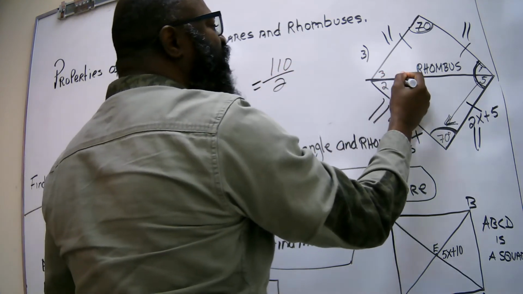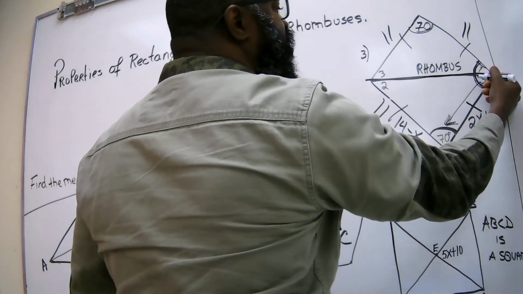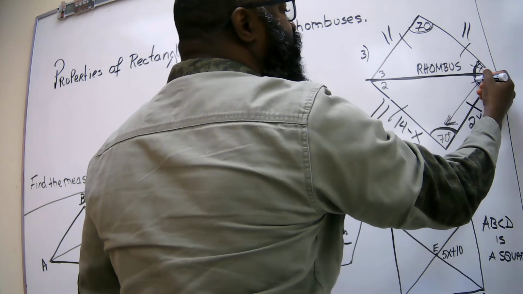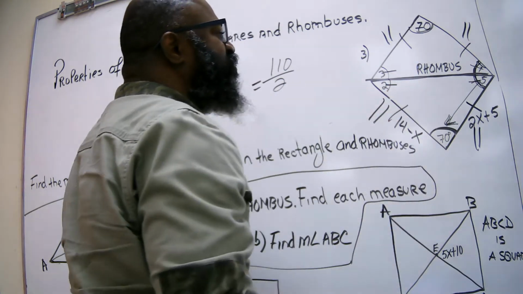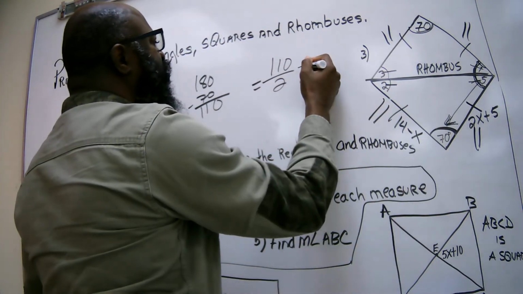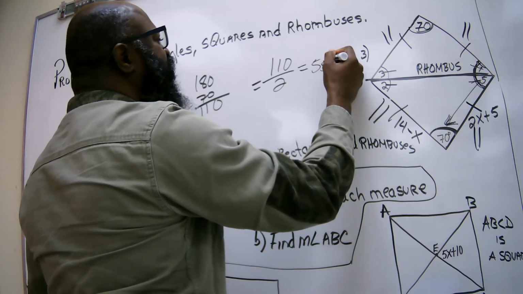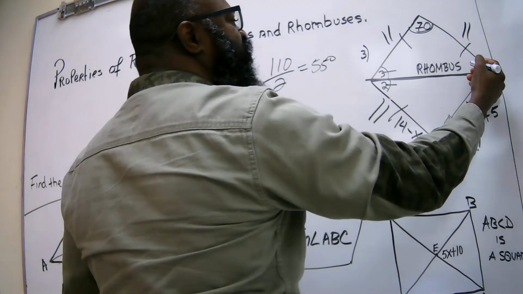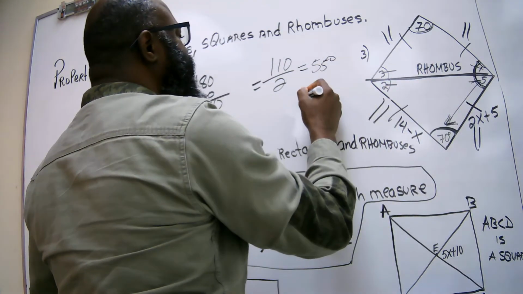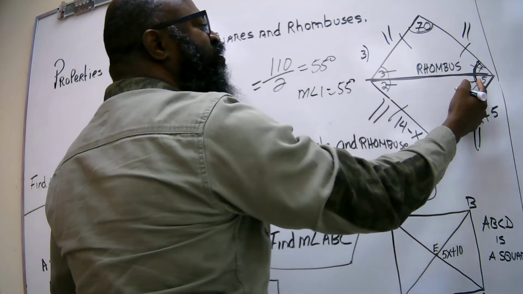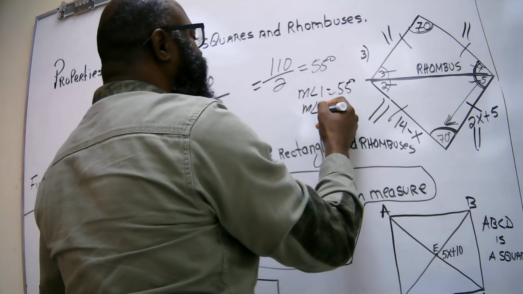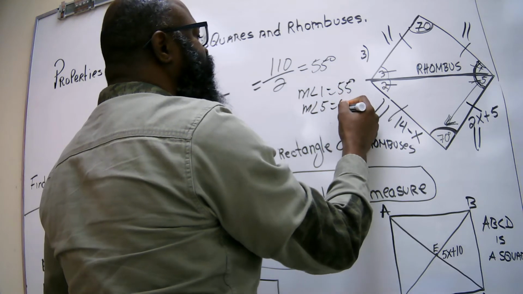Remember, the diagonals bisect each pair of opposite angles. Those angles will be congruent, and those angles also are congruent, so they are the same thing. This angle will give you 55. Therefore, the measure of angle 1 is 55. The measure of angle 5 is 55.